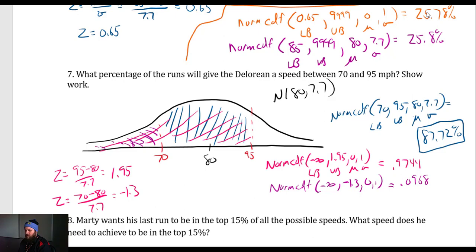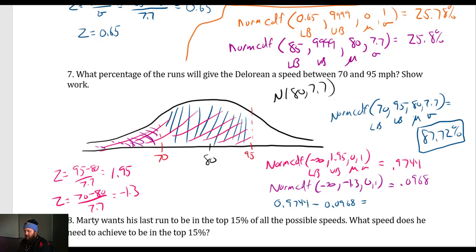But we're trying to find that blue. To get that blue, we would need to take 0.9744 minus 0.0968.